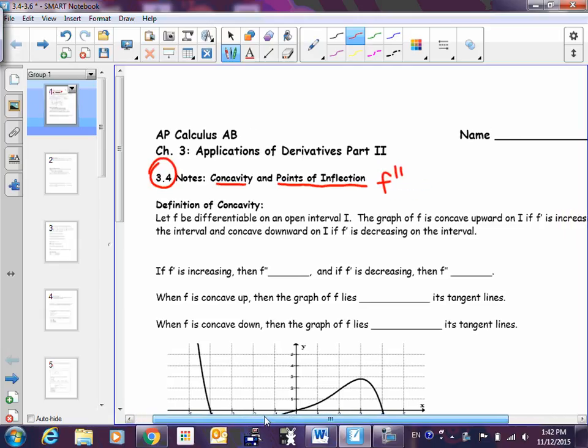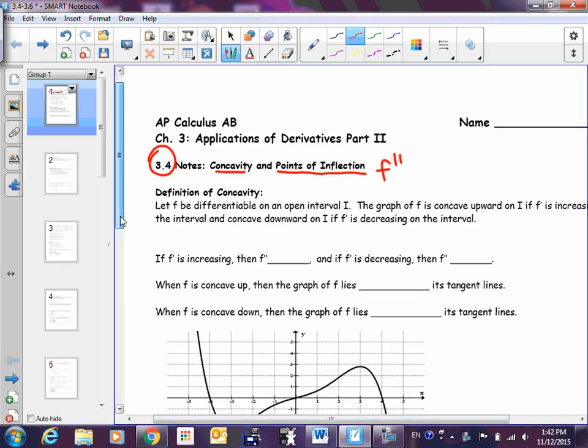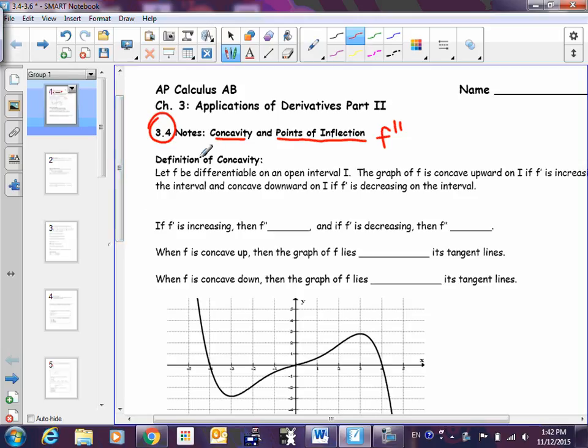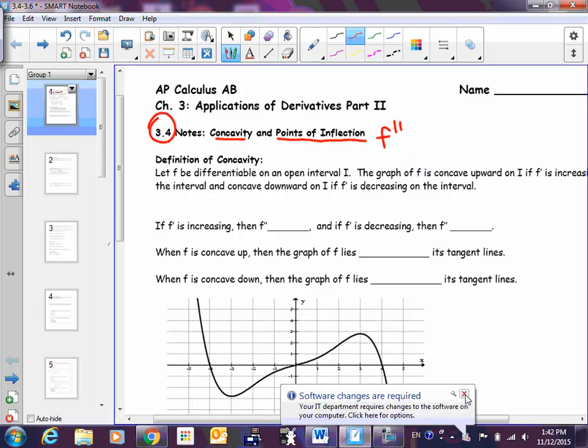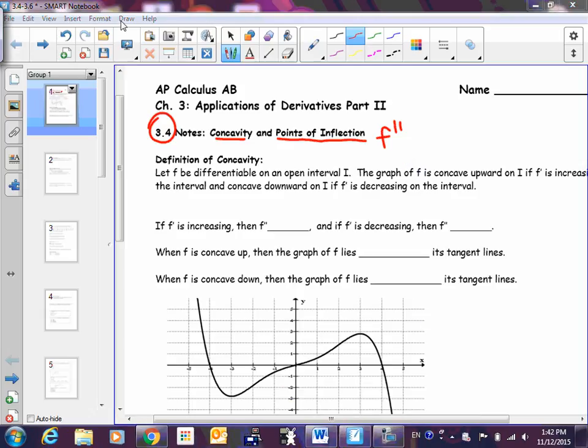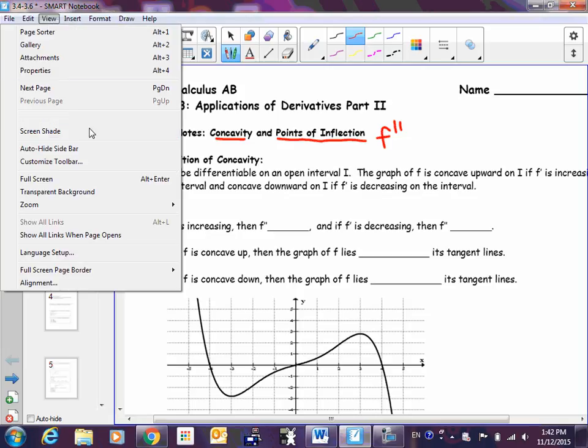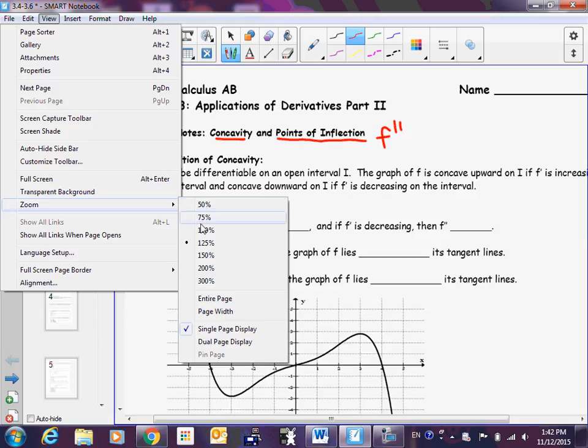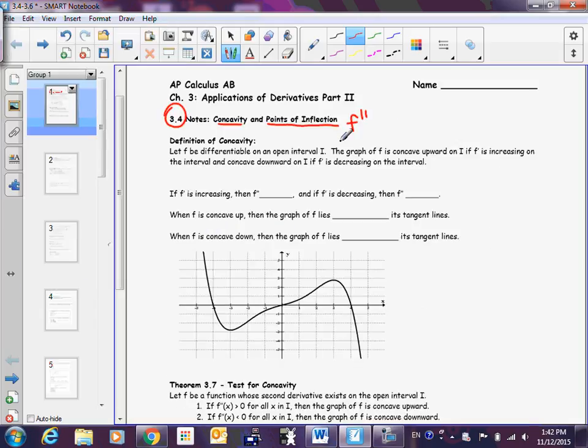All right, concavity, there's a couple different ways we could define it. Here's the technical definition. If f is differentiable, meaning you can take the derivative, the graph is concave up if f prime is increasing.